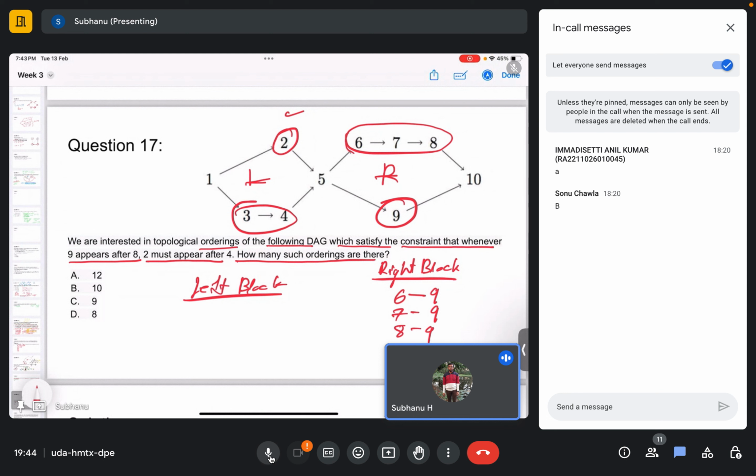And how many ways can we write this one? We can write 2 3 4 then 5. Here the end is 10, and here the end is 5.